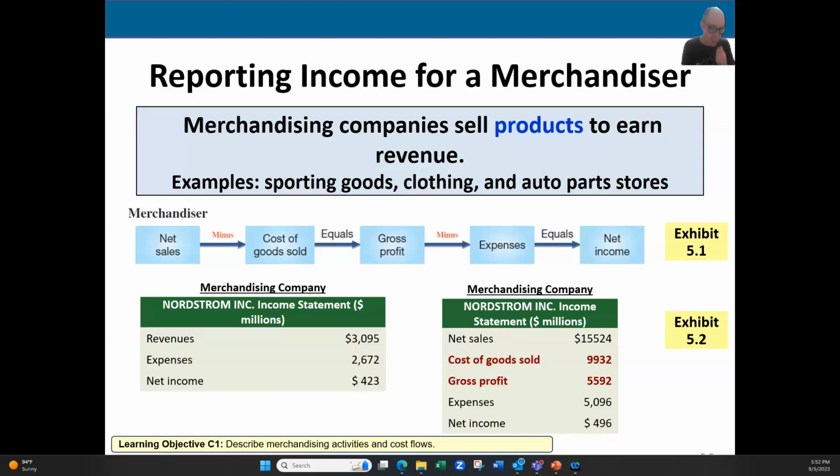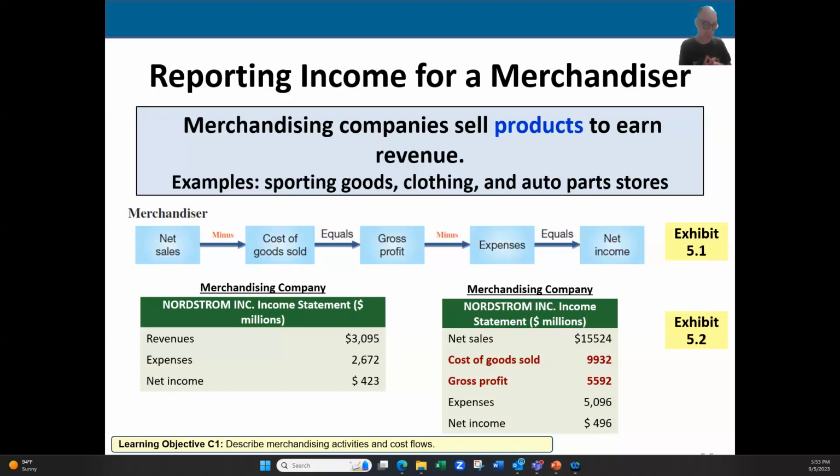Minus an account called cost of goods sold. Cost of goods sold is exactly what the name implies. Cost of goods sold represents the cost it took the retailer, merchandiser, to sell that product to the customer. Okay.